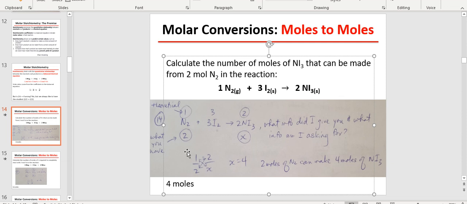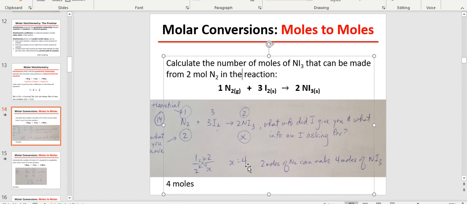Now, here I've got 1 mole of this guy can make 2 moles of this guy. Well, what if I give you 2 moles of this guy? And you see, I just do a box. 1 to 2, 1 to 2 is 2 to x. 2 to x. And then you just cross multiply and you find x is equal to 4.